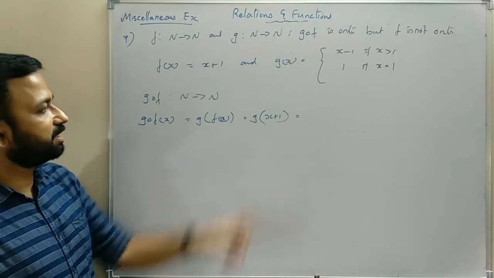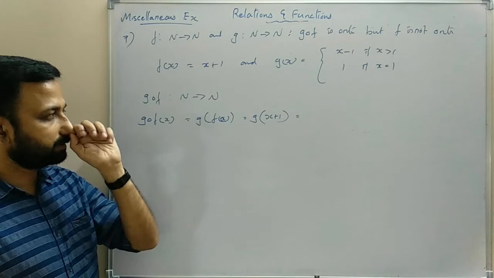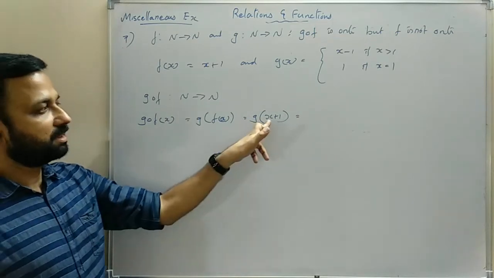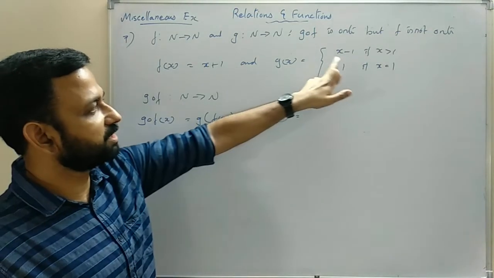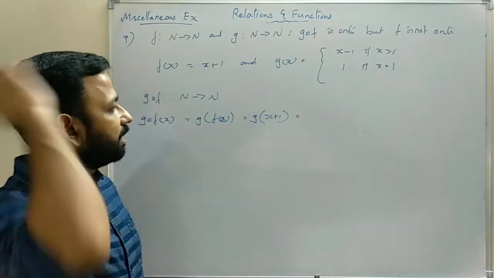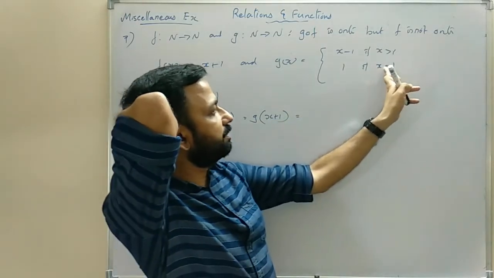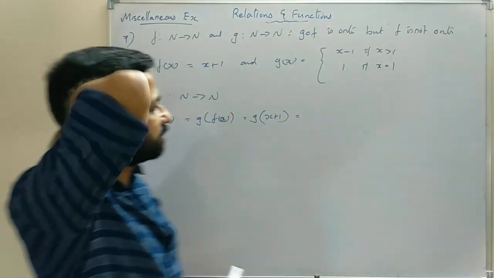Here g of x is equal to x minus 1 when x is greater than 1, and equal to 1 when x is equal to 1.